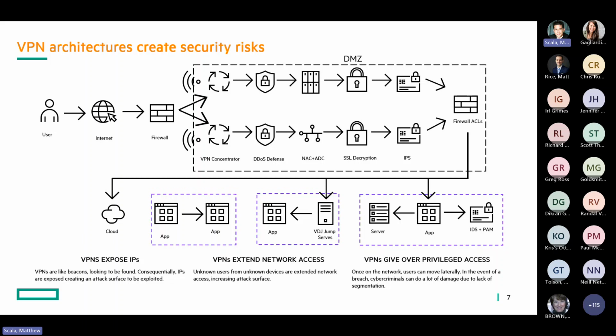But VPNs, they expose IPs. When you have a VPN device on the internet, it has a public IP available typically, and folks can find that if they want to. Typical scans and pings. So you're inviting really a lot of folks to say, hey, here's my doorbell, you can ring it. And folks have a lot of different ways to attack a VPN.